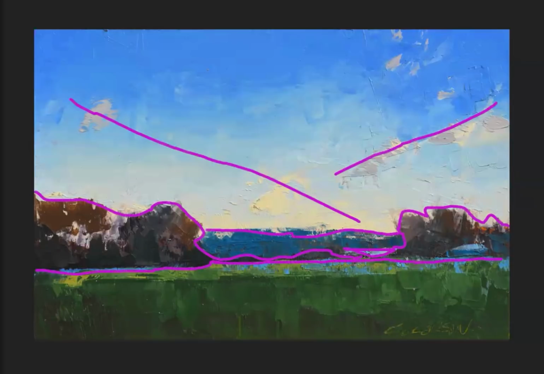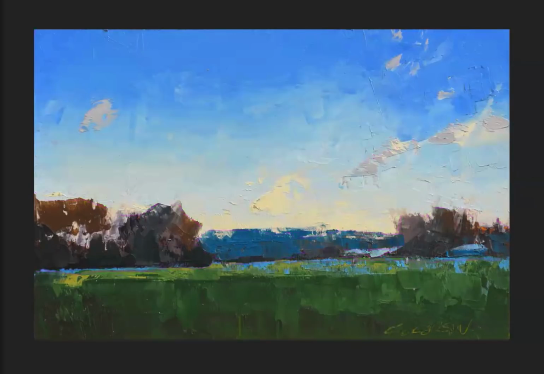Now I want you to think about the point of view. Where are you in the picture plane in relationship to the focal point? You're almost at eye level right here. So you are standing on the edge of the road looking out at the field beyond you.